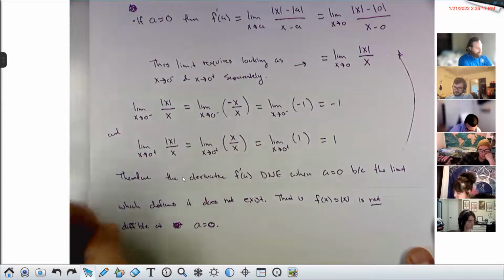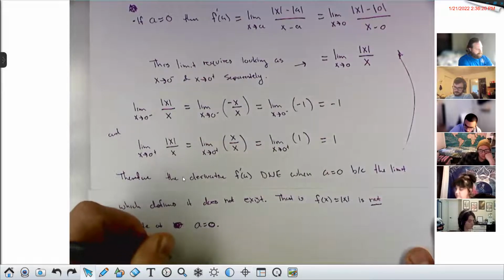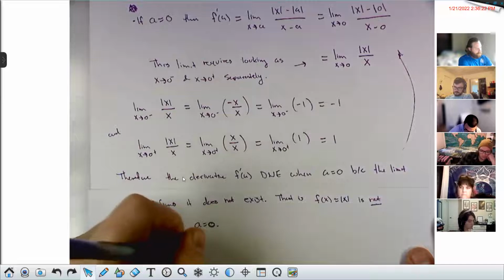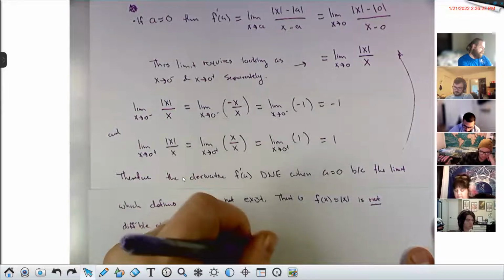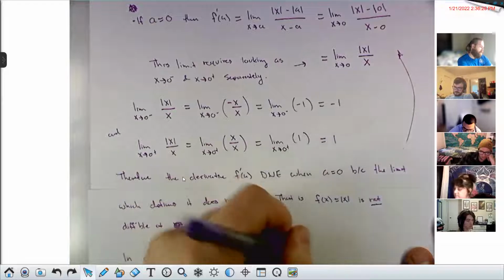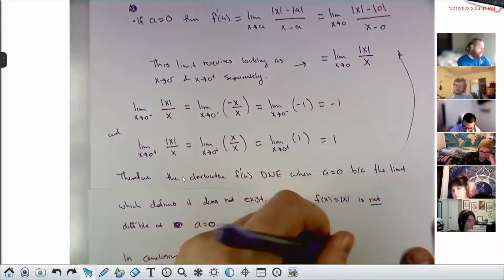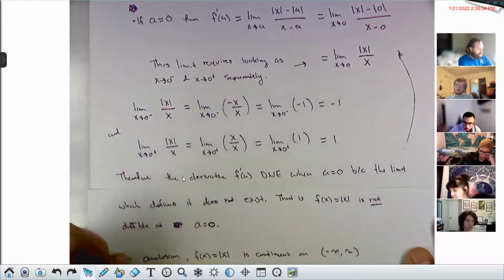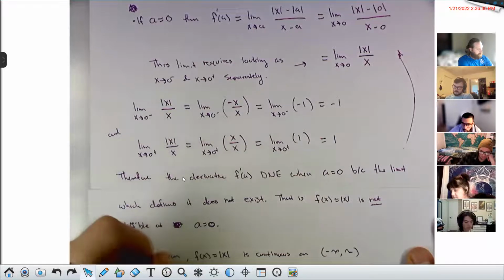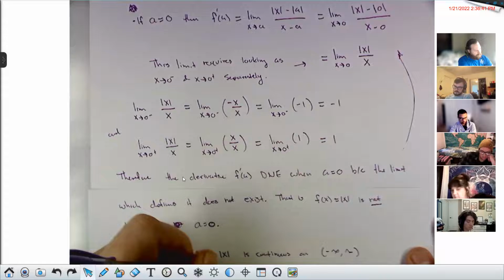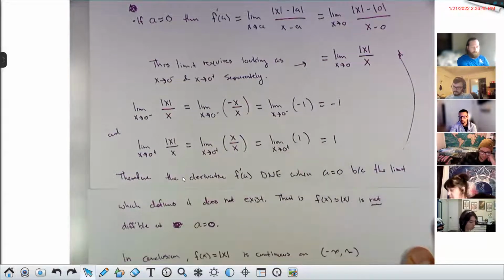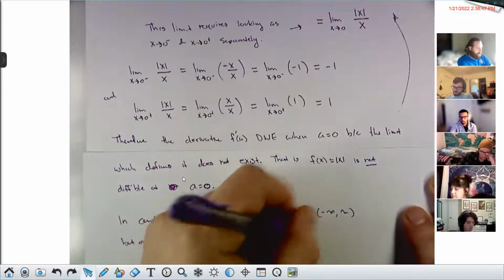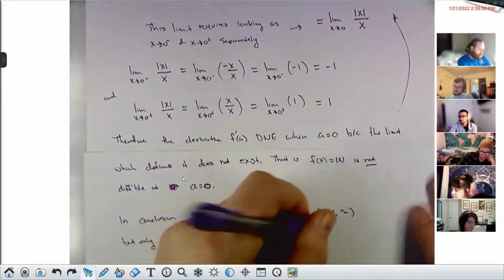In conclusion, f of x equals absolute value x is continuous on the whole real line, negative infinity to infinity, but only differentiable on negative infinity to 0 open, union with 0 to infinity open.